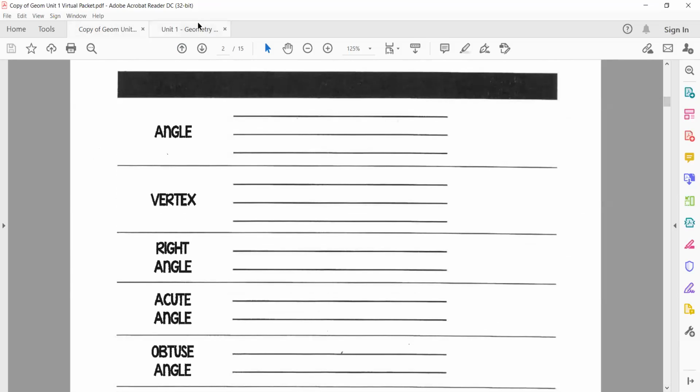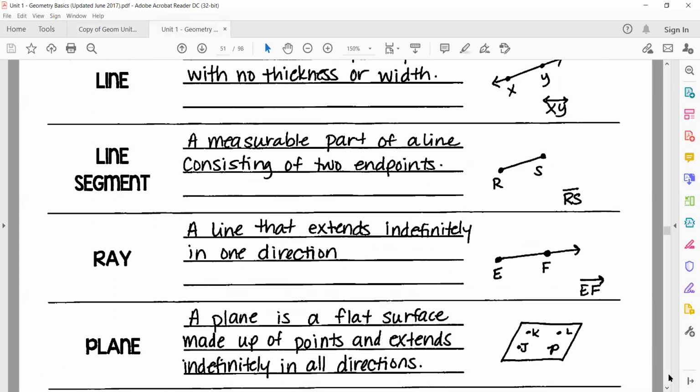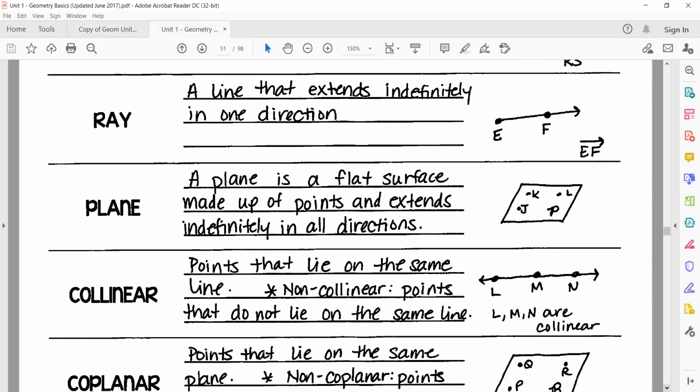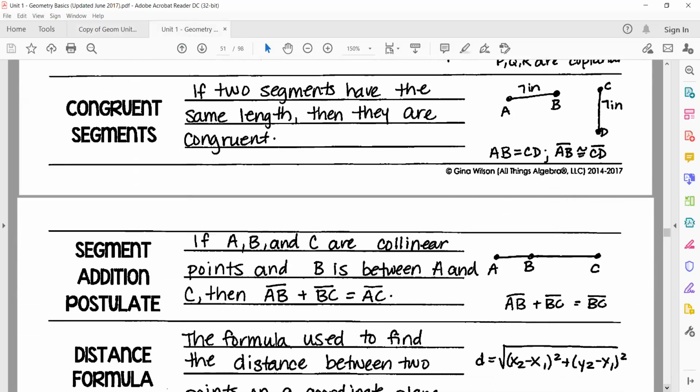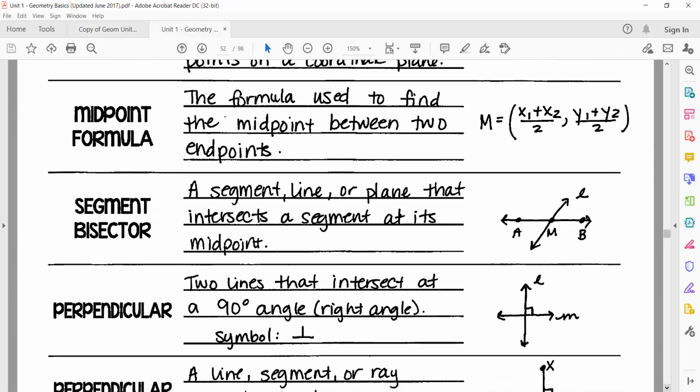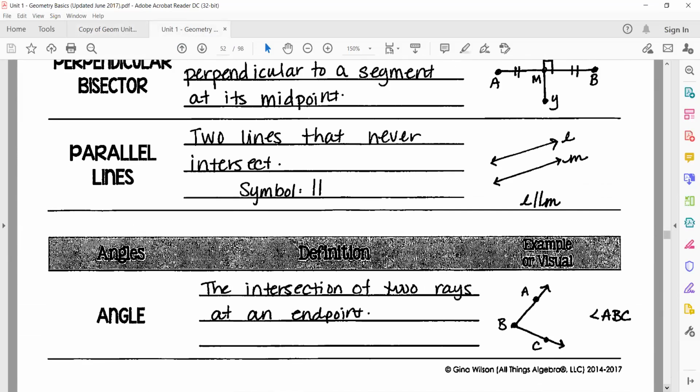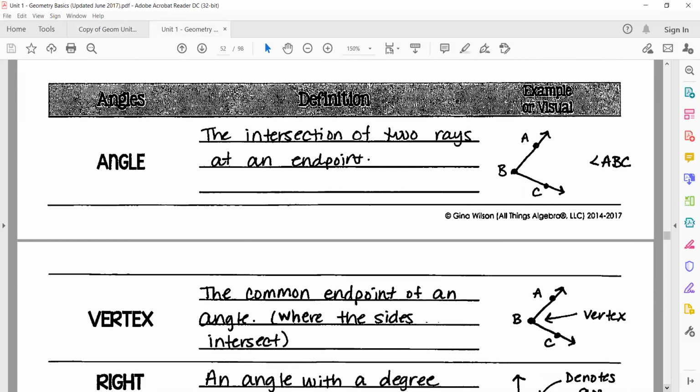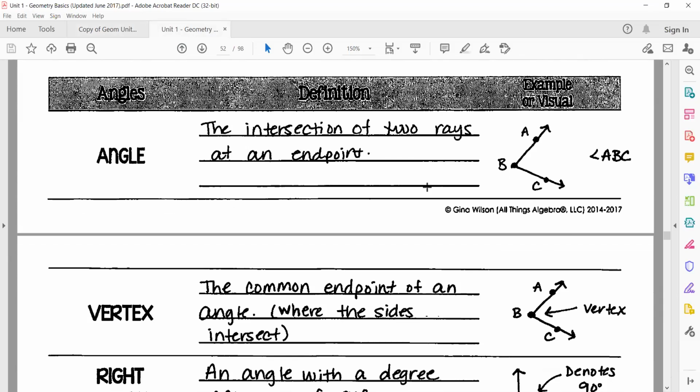Now, a lot of people probably think about geometry in terms of angles, and that's as it should be. An angle, believe it or not, is actually the intersection of two rays at a common endpoint.